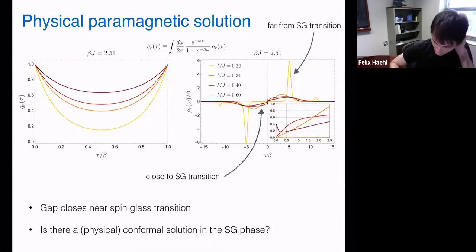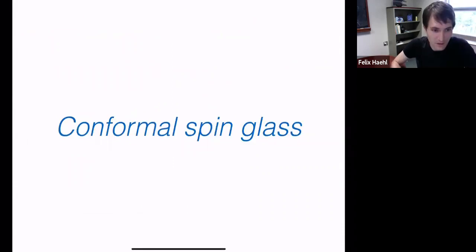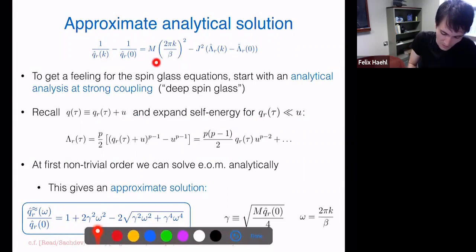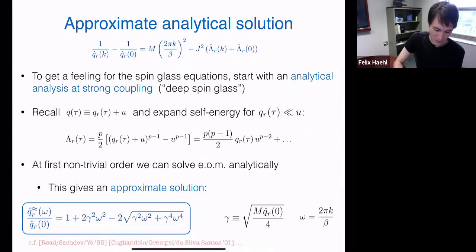Okay, but what we're really interested in is this glass phase. So let's see what happens there. If we're below the glass transition and replica symmetry is broken, so this U parameter is non-zero and all that. This was the main equation of motion that we had to solve.